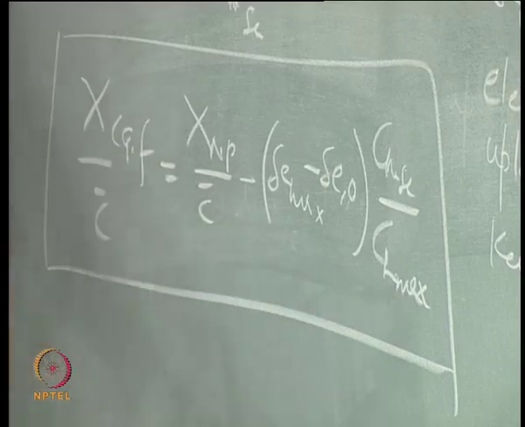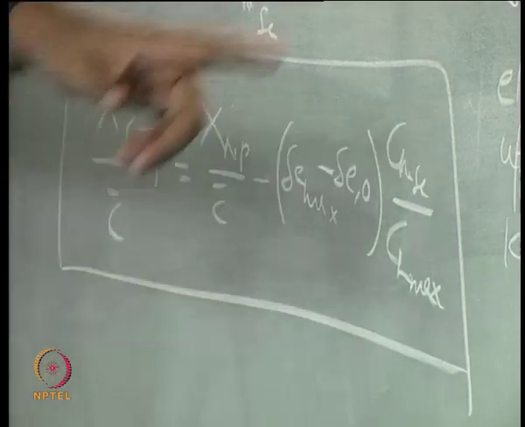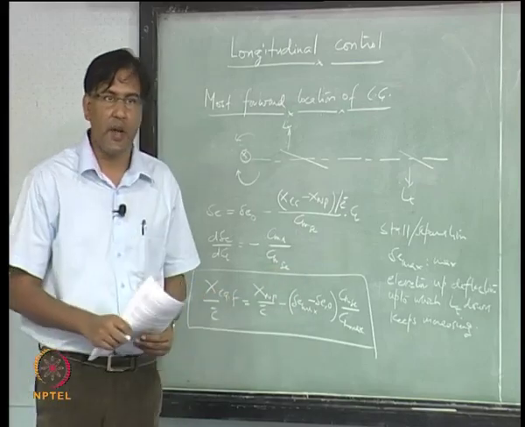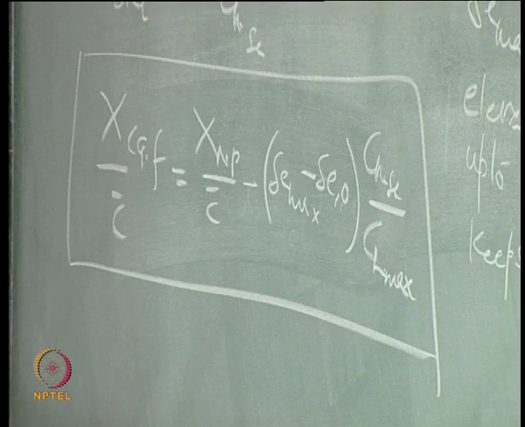CL max will be corresponding to the maximum LT that you can get, corresponding to this delta E max, right. So, any question?